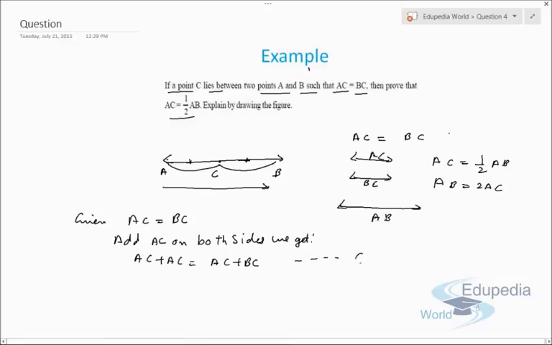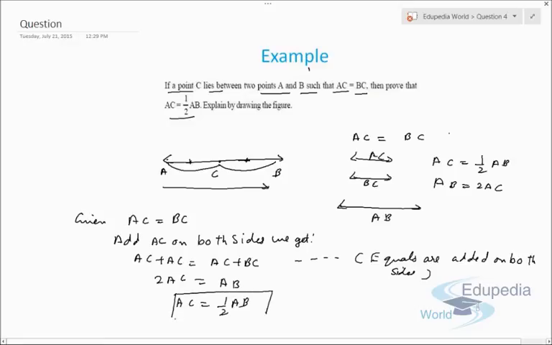We can say like this: equals are added on both sides. So this becomes 2AC, and AC plus BC will become AB. So AC is half of AB. So this is how we can prove this type of question.